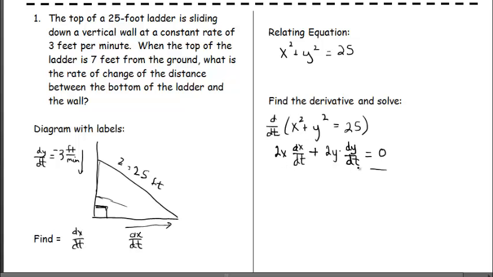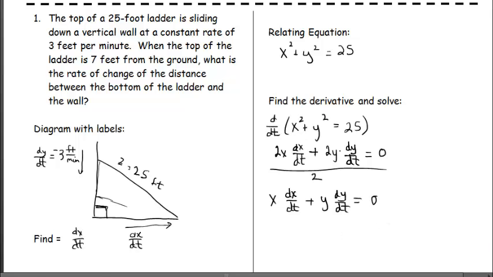Notice that you can divide the whole equation by 2, since 2 goes into all 3 of these terms. You don't have to, but it makes the problem a little less complicated, and it's convenient because 0 divided by 2 is just 0.